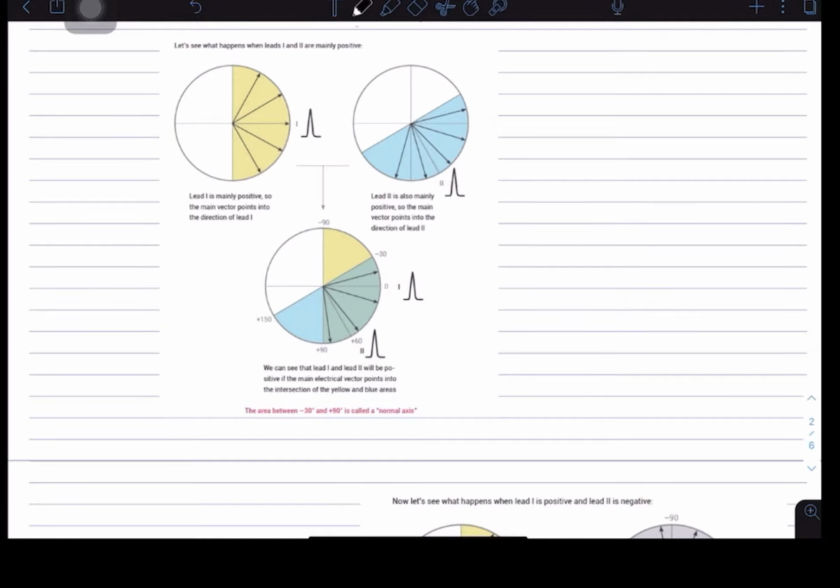As you can see, in lead 1, it's a positive deflection towards the lead, as you can see here. So it's positive, and we know if lead 1 is positive, we check lead 2, and we can see lead 2 is positive, so it comes within the range of the normal axis.